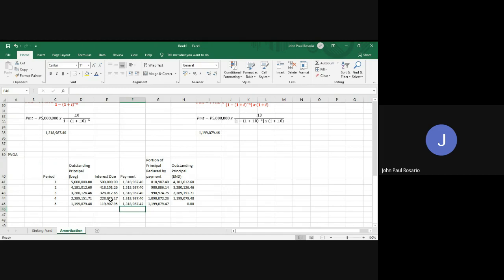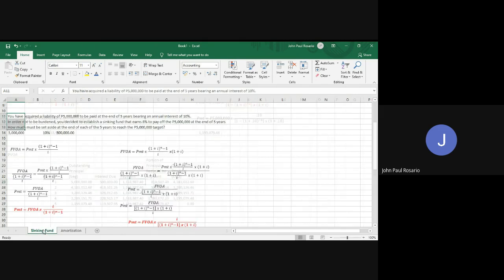While on the other hand, our portion of principal reduced by payment is increasing. Why is that? Because you constantly pay the same amount for 5 years, but the interest portion of this amount decreases throughout the 5 years. Thus, the amount that is applicable for the principal will now increase, until the balance, your outstanding principal, reaches 0.